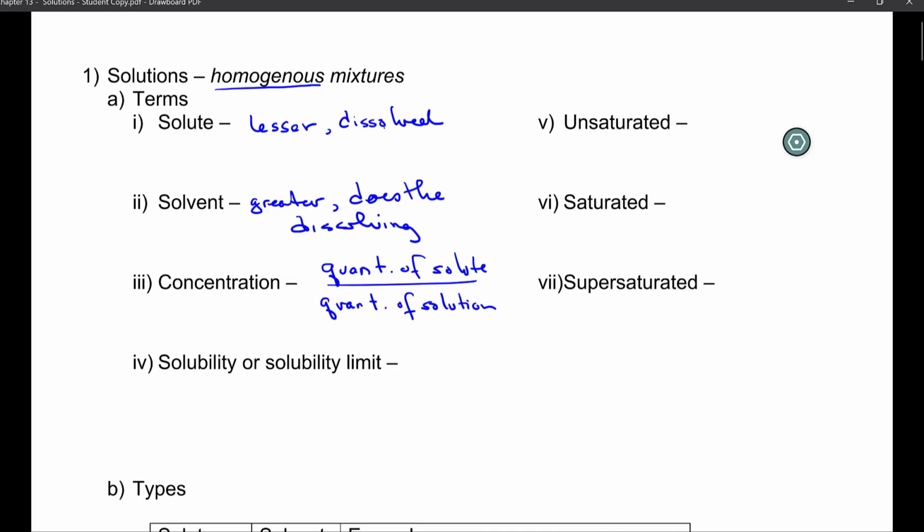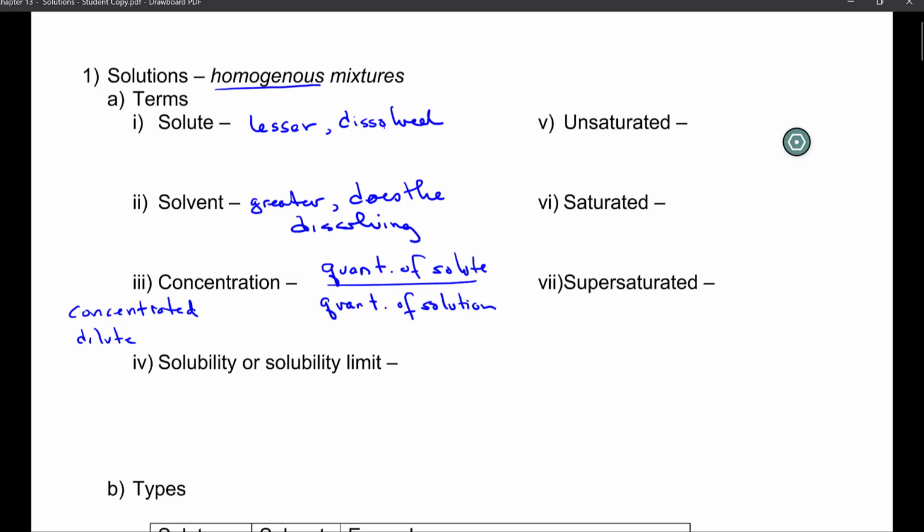But when we talk about concentration, we think of things as being either concentrated or dilute. When we say concentrated, it has a high amount of solute per volume or mass, and then we have dilute. These are relative terms. So if you have a lot of material, we usually say it's concentrated. And if we have a very little bit of material in the solution, then we usually say it's dilute.